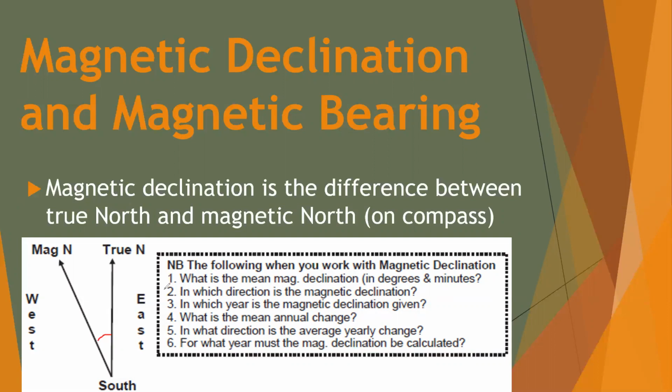The second thing is in which direction is the magnetic declination, in which year is the magnetic declination given, what is the mean annual change, in what direction is the average yearly change, and for what year must the magnetic declination be calculated. If we find out all of these questions, we are able to accurately locate our place on the Earth's surface.